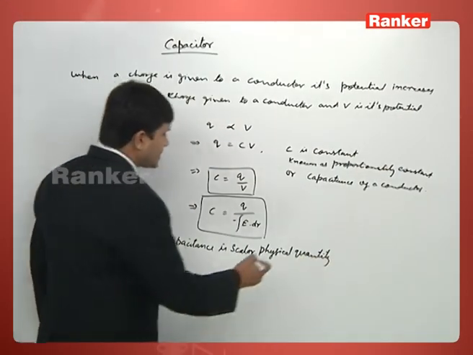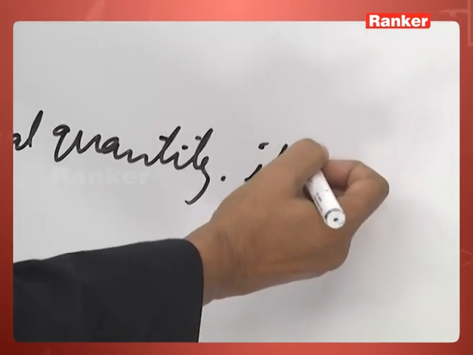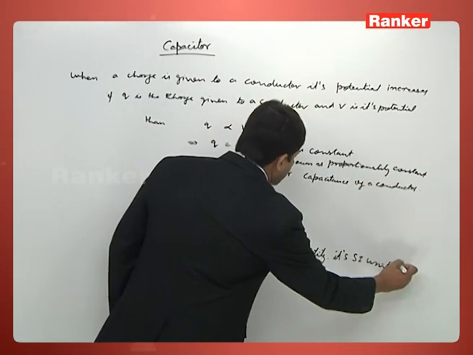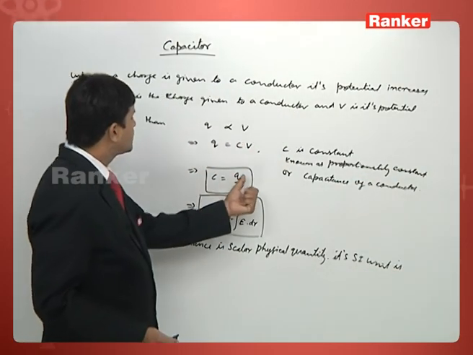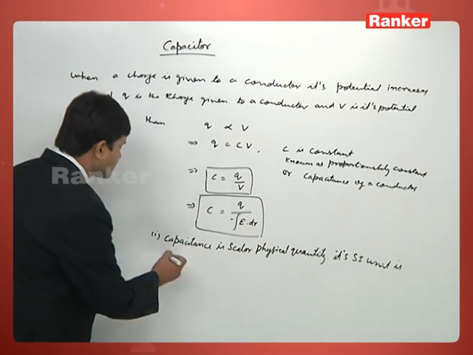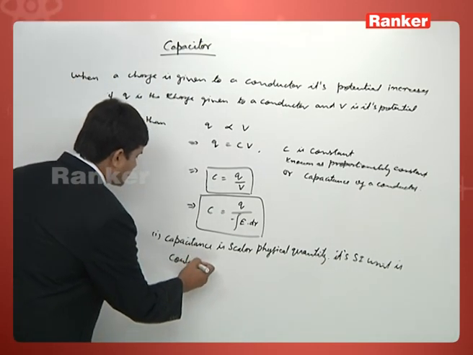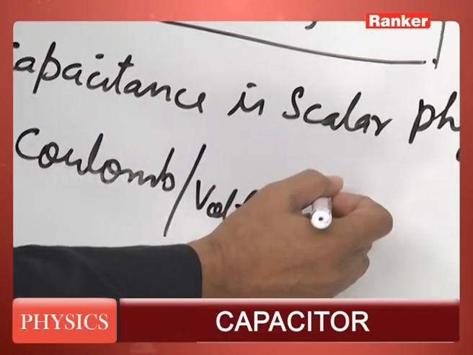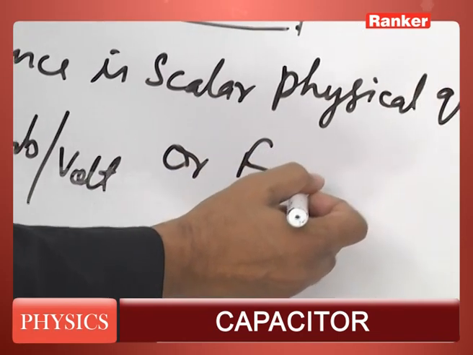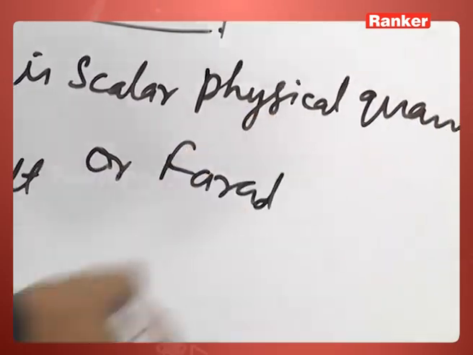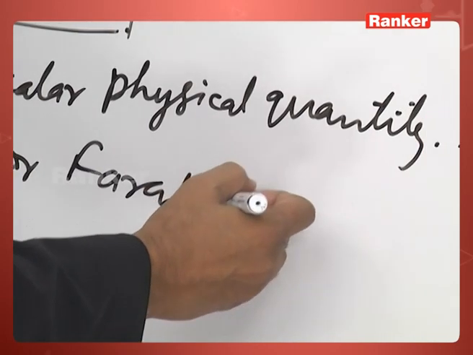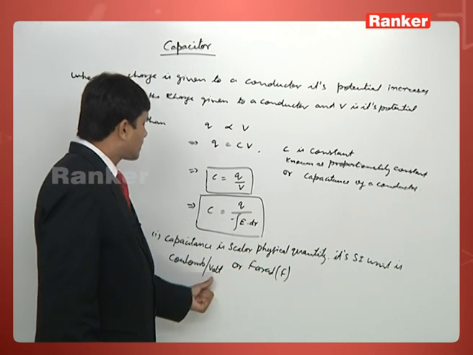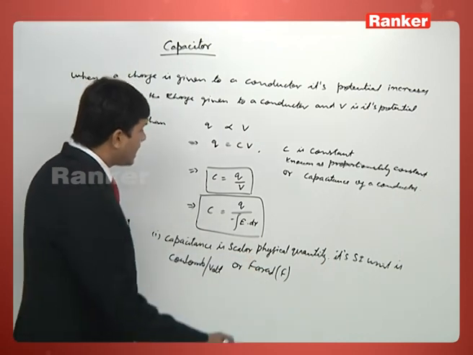Its SI unit, from here, is coulomb per volt, or it is also called farad. Normally we represent farad with a capital F. So its SI unit is coulomb per volt, or farad.